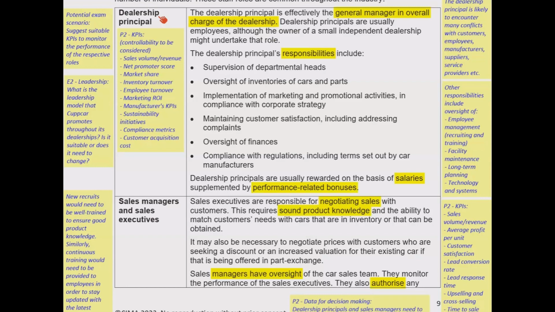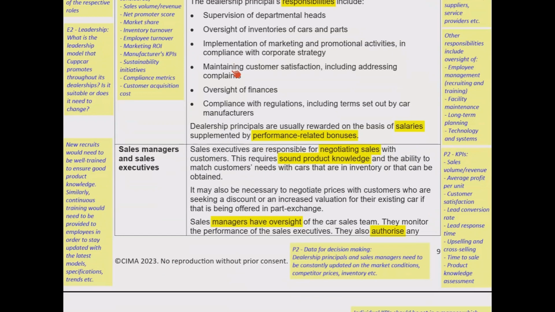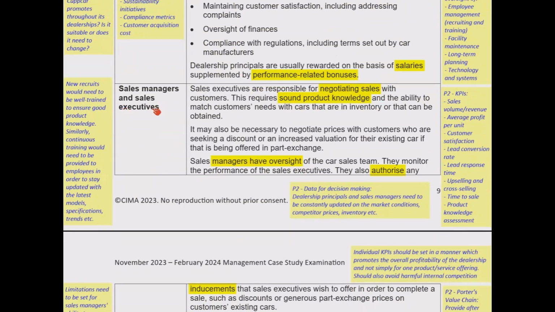So there's loads of conflict within the dealership and between the dealerships within Cuppcar that are possible. So just a little bit of thought about how that could be managed. And probably it's the dealership principal who's got to have an overall focus on making sure that that conflict is not destructive. Now, the sales managers and sales executives are the ones who are selling the cars.